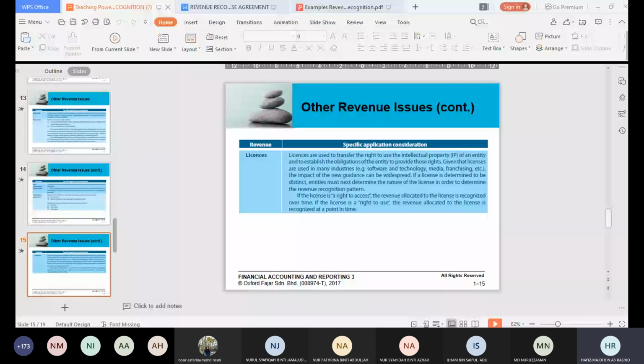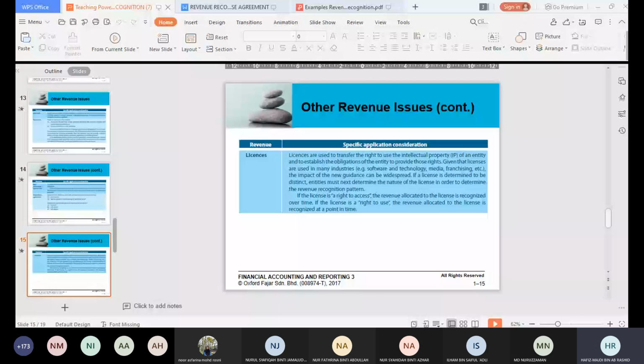If you are expecting the seller to substantially maintain or change or update the software, this is what we call right to access.